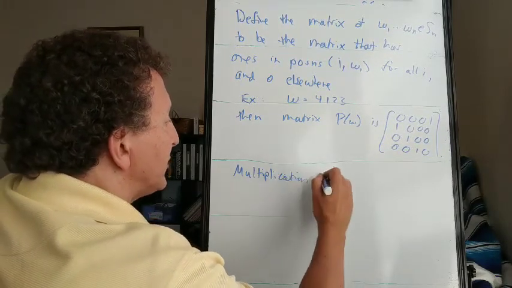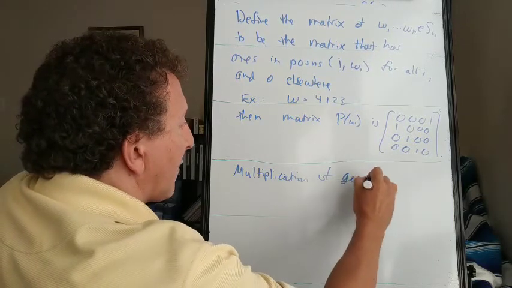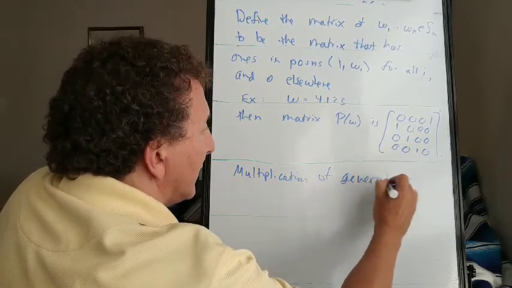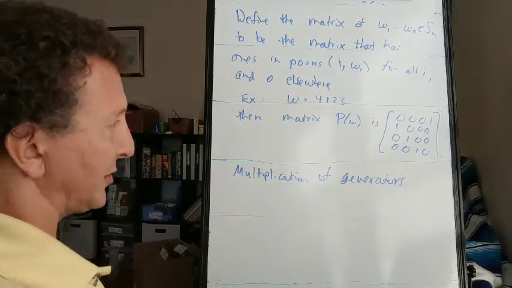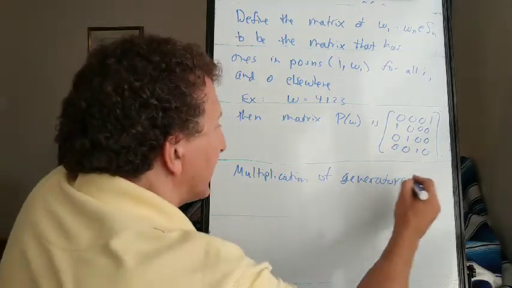Now, multiplication of generators is consistent with multiplication of matrices defined this way.